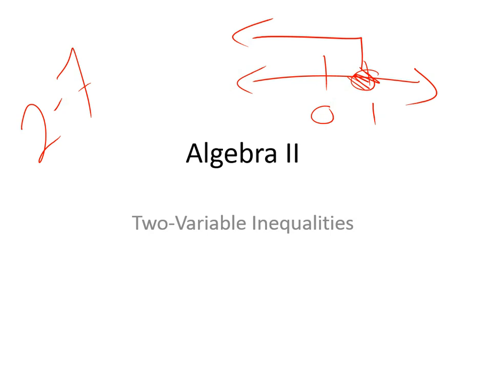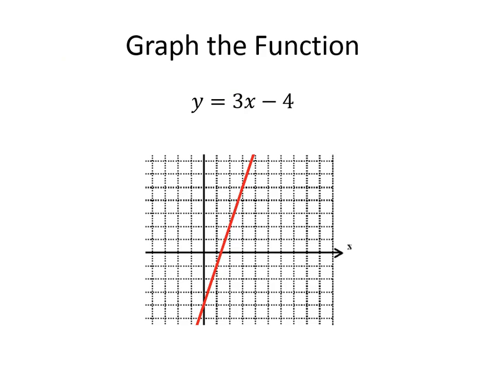What we're doing now is attaching it onto a coordinate plane, and we're going to be graphing linear functions or absolute value functions or some sort of functions, and then shading either above or below the line or the function based on the inequality that's given.